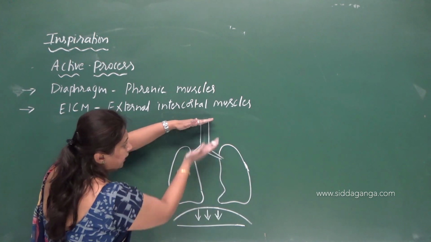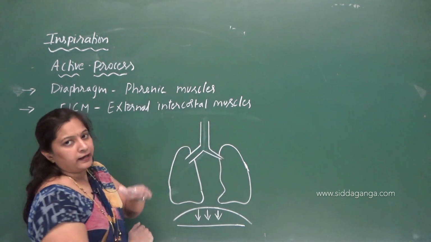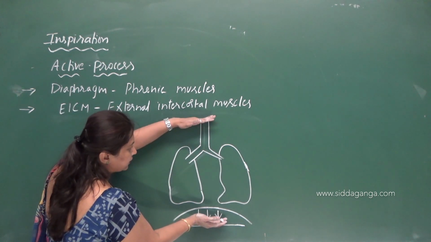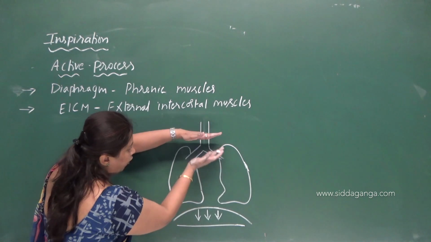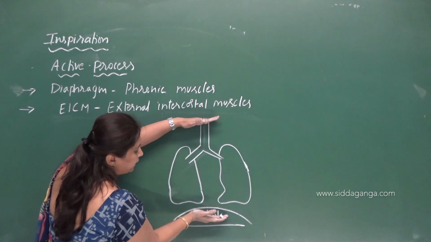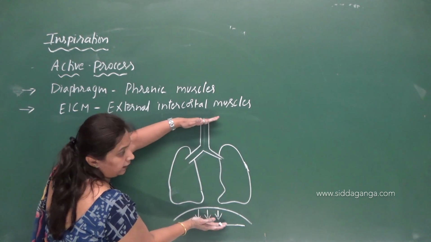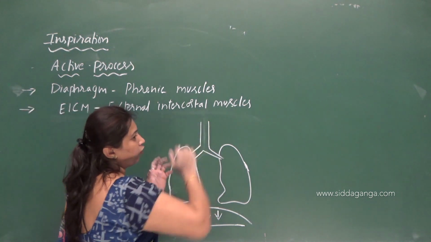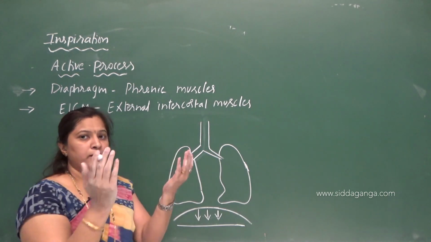In which axis? The anterior-posterior axis. So the contraction of phrenic muscles increases the volume anterior-posteriorly.